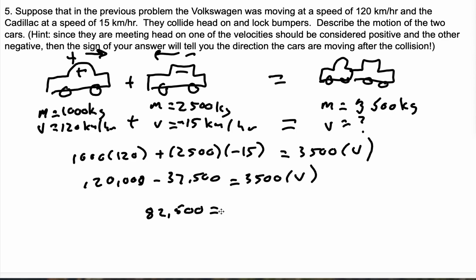Anyone? Oh, okay, I'm right. So that's going to equal 3,500 times V. And then I got to get rid of this 3,500. So you know that I have to divide both sides by 3,500. And I'll get V equals. Now this one, again, I can't do in my head.